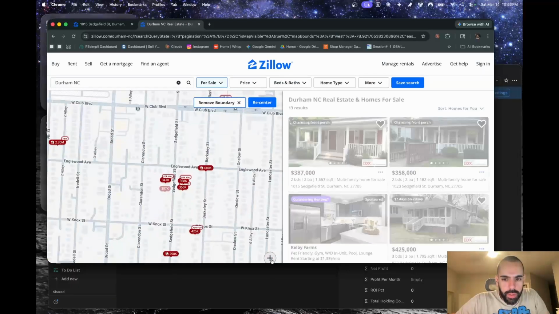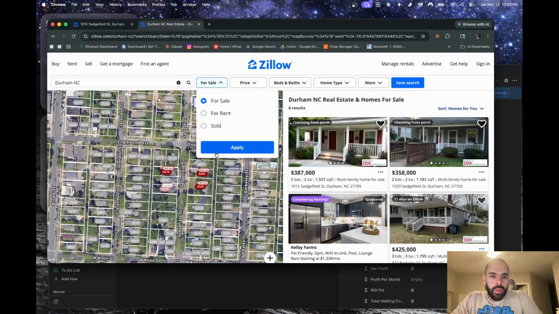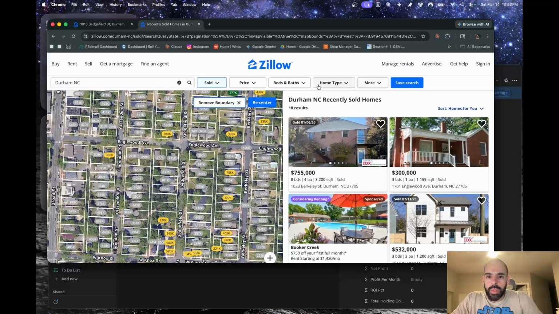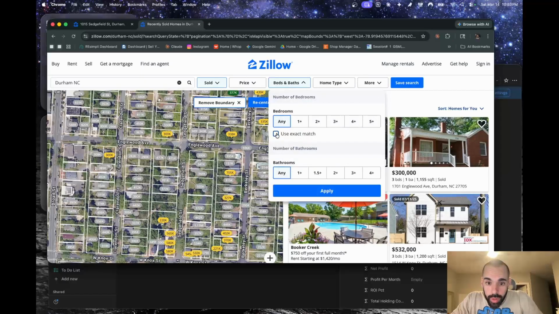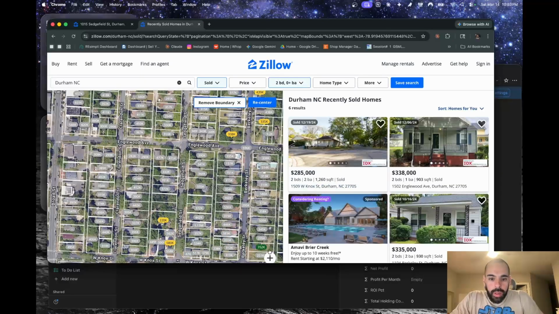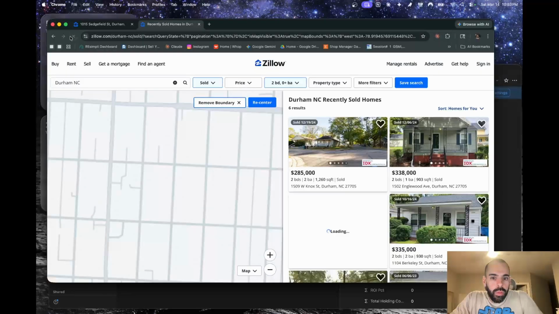Where's the property I just chose? Okay, it's right here. There's a bunch of them, two twos. So let's go to sold. These are tough because I want to try to only use two bedrooms if possible. Why are you not? Okay, that's weird.